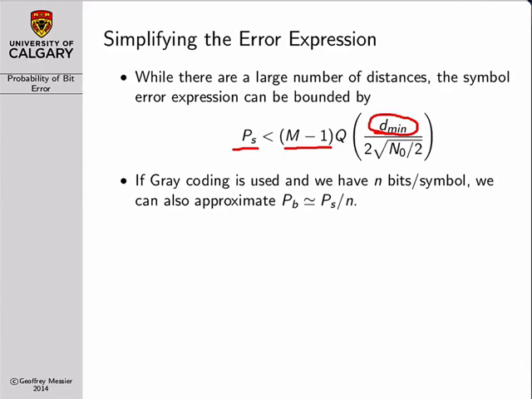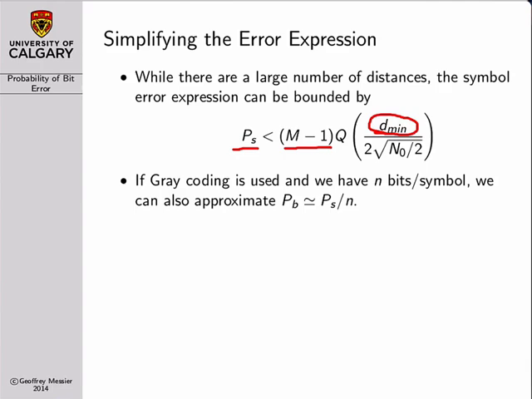And so to achieve probability of bit error, we make another approximation. If we assume that gray coding is used, that means that the signal vectors that are closest together differ by at most 1 bit if it's properly done. And so when we make a symbol error, that corresponds to just a single bit error.